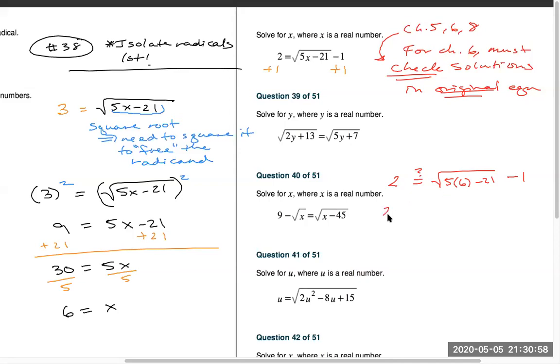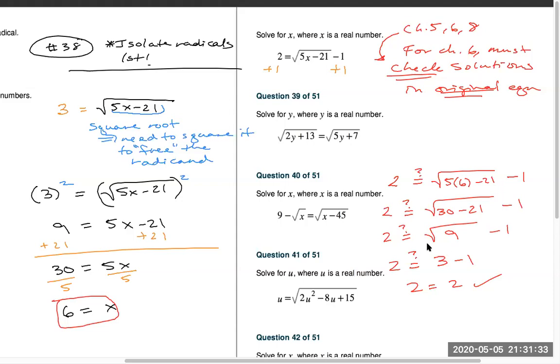Okay, so 2, is that equal to, we have over here 30 minus 21 under the radical sign, minus 1 outside. 2, is that equal to, we have 9 under the radical sign, minus 1. Keep going. Works out. Okay. So x is equal to 6 in this case.